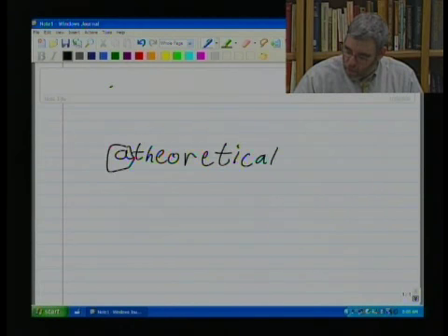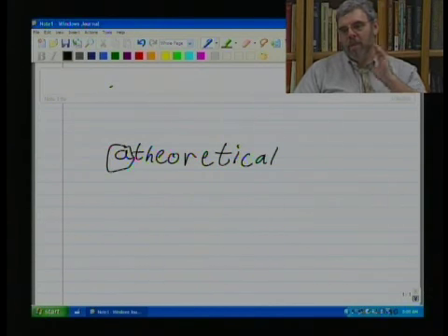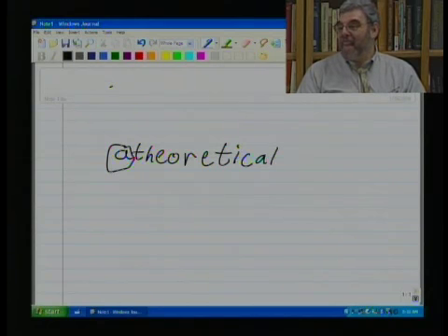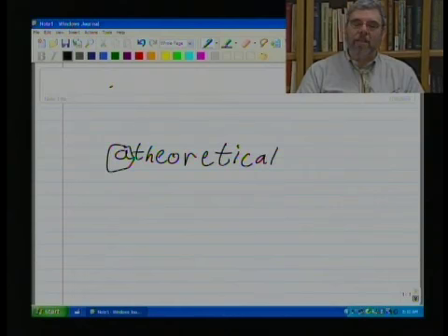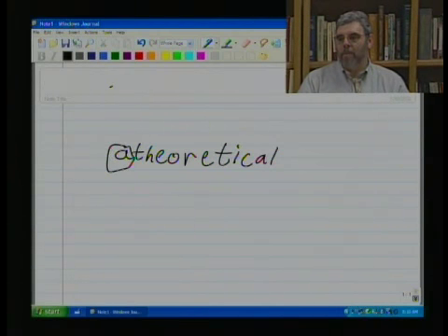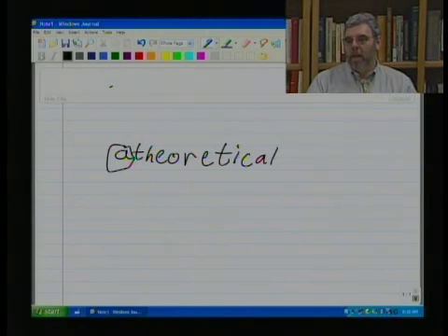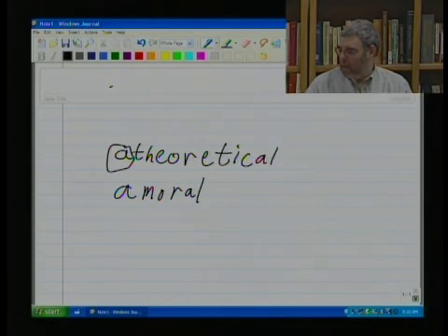Okay, the prefix a means not, right? Like a theist is someone who believes in God, and an atheist is someone who doesn't. Amoral.